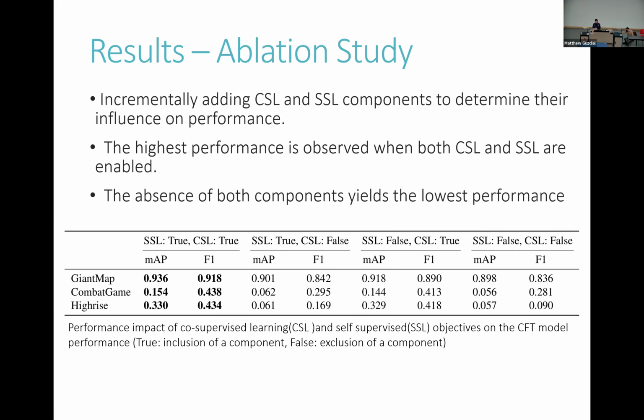Another one is the ablation study, and because this model includes two parts, co-supervised learning and self-supervised learning, we want to know their influence on performance. So we incrementally add the CSL and SSL components to determine their influence on performance. In this table, when it says true, it means we include this component. When it's false, it means we exclude the component.